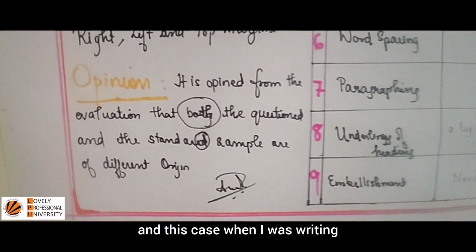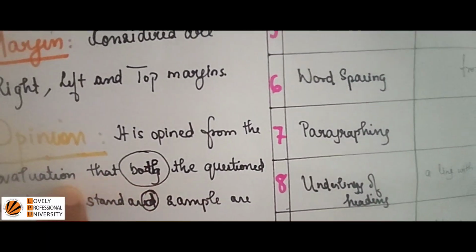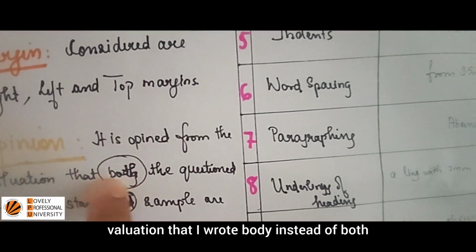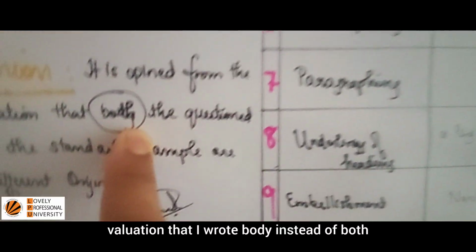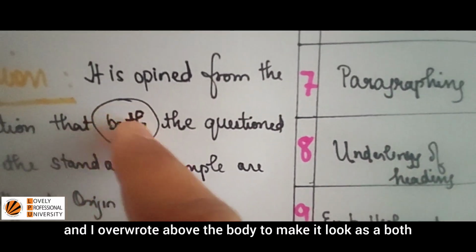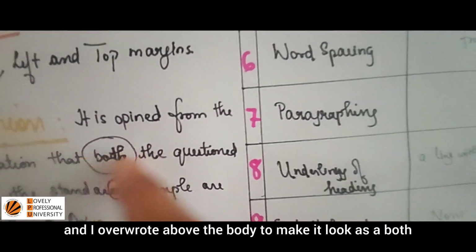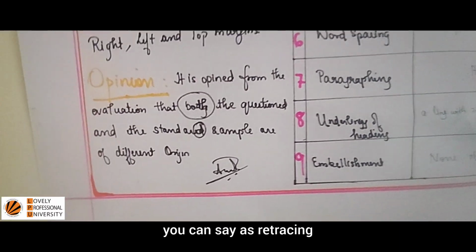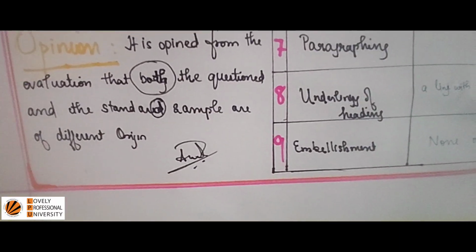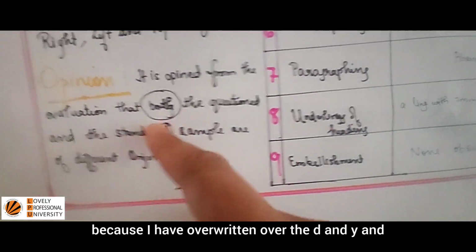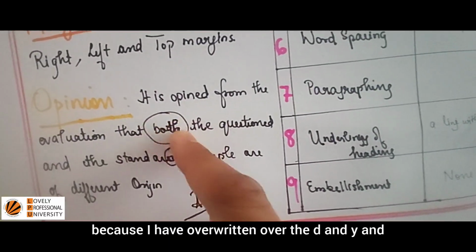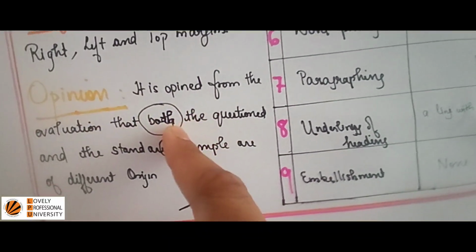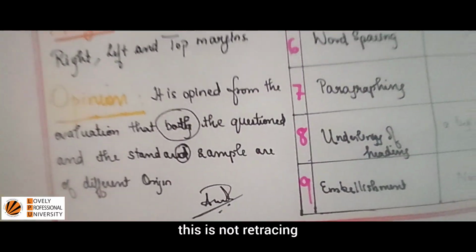In this case, when I was writing evaluation, I wrote body instead of both, and I overwrote above the body to make it look like both. So it is an overwriting. It is not a retracing. You can say retracing and overwriting as well, because I have overwritten over the D and Y, but it is overwriting. There is no retracing over here.